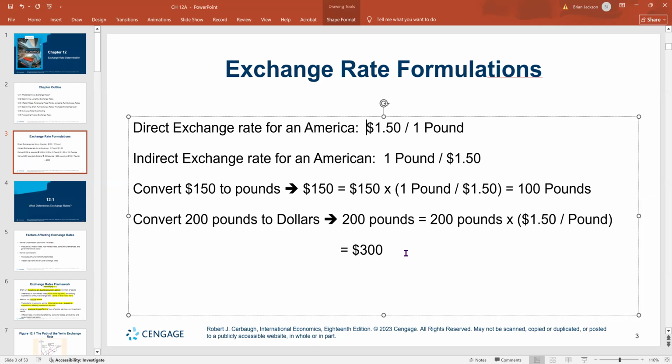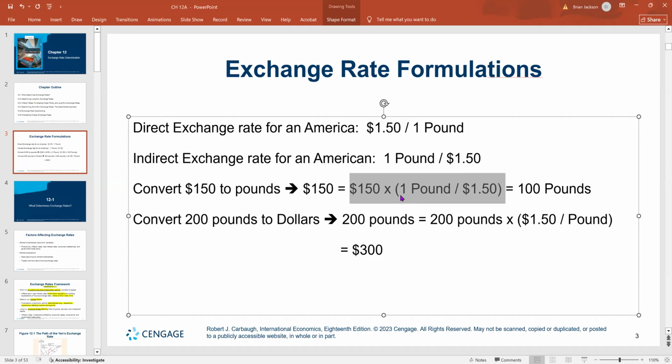The direct exchange rate puts the domestic currency on top and the foreign currency on the bottom. The indirect exchange rate puts the foreign currency on top and the domestic currency on the bottom. So for an American, the direct exchange rate has dollars on top, and the indirect exchange rate has dollars on the bottom. If you wanted to convert $150 to pounds, you would use the indirect exchange rate as a conversion factor.